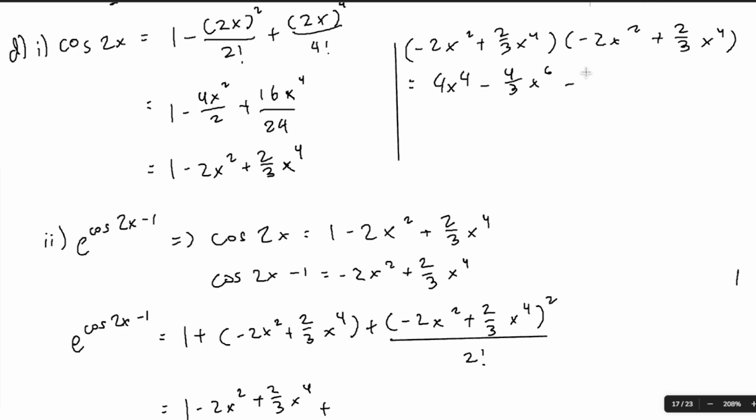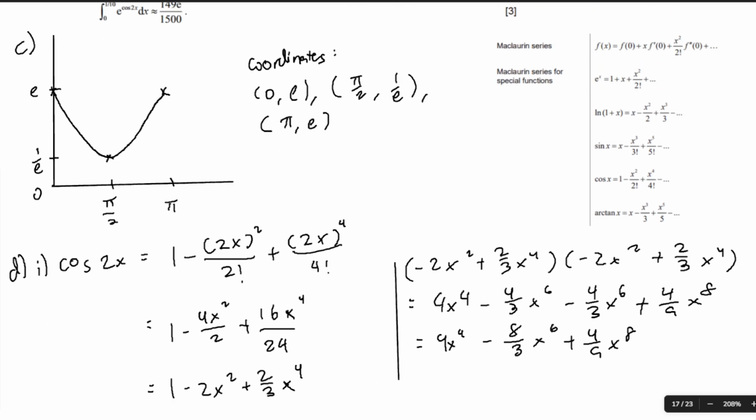We just do this again, minus 4 over 3 x power 6 plus 4 over 9 x power 8. So we would get 4x power 4 minus 8 over 3 x power 6 plus 4 over 9 x power 8.